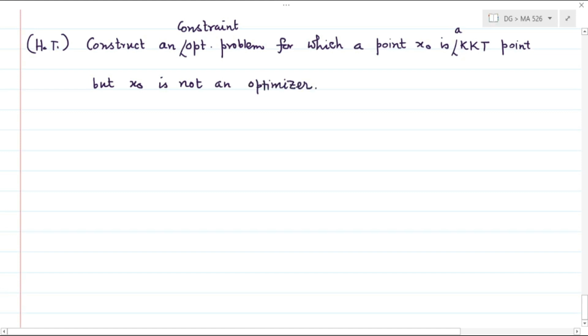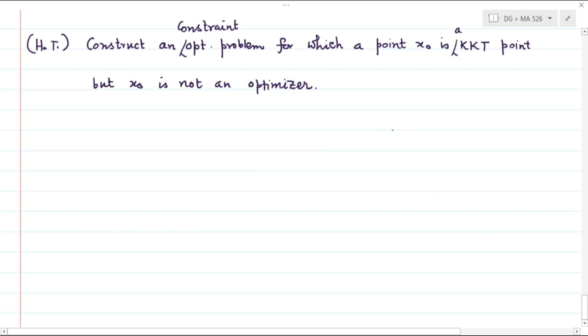A further hint: I have given such an example at the starting of optimality conditions of constrained optimization. When I started the discussion on constrained optimization, I started with the Lagrange multiplier. There I gave a problem in which you will find that the stationarity condition is satisfied, but the point is not an optimum point. That's why I'm keeping it as a home task, or you can find one on your own. You can construct a problem.